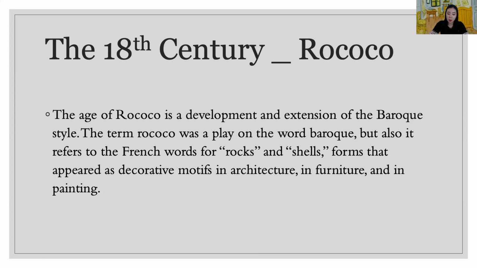The term Rococo was a play on the word Baroque, but also it refers to the French word for rocks and shells, forms that appeared as decorative motifs in architecture, in furniture, and in painting. The Rococo subjects and mood of art are slightly different from the Baroque, even though it is an extension of the Baroque.